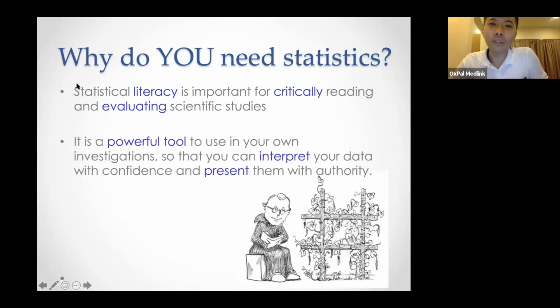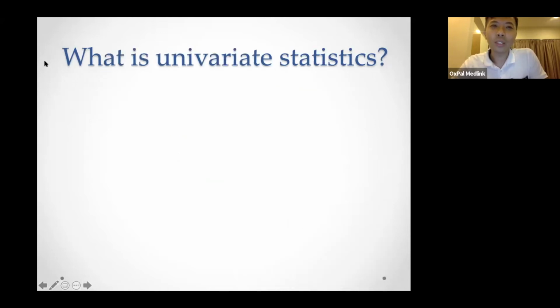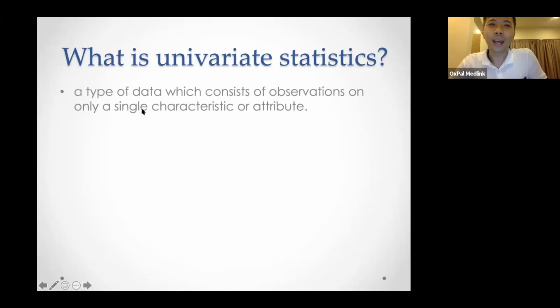It is a powerful tool to use in our own investigation so that you can interpret your data with confidence and present them with authority. What is univariate statistics? That brings the question back to the title. It is a type of data which consists of observations on only a single characteristic or attribute.